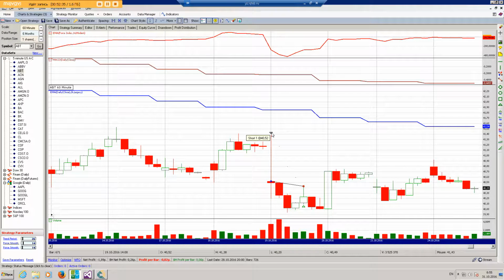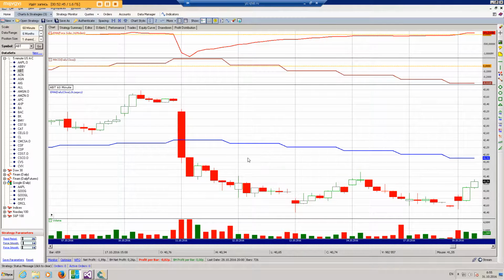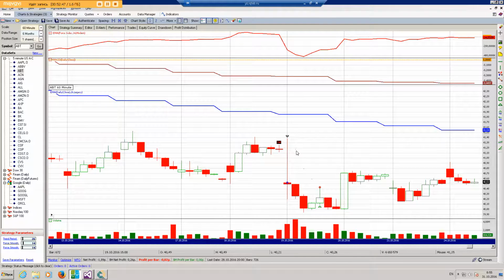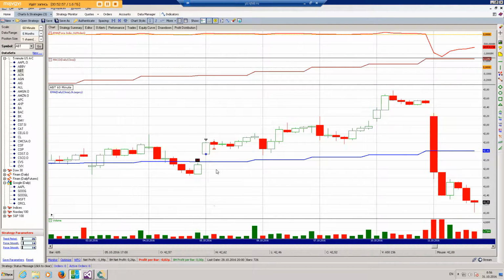Yes, now it's working correctly, but you can see that there is a mistake, or maybe not. Let's just check. Okay, so still pretty bad, but we need to check if it's correct.